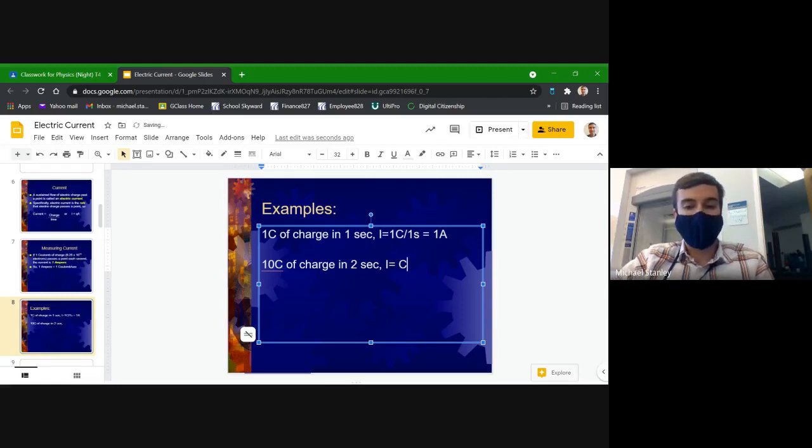Remember, our current is our charge divided by our time. Coulombs over seconds. So how many? So 5.